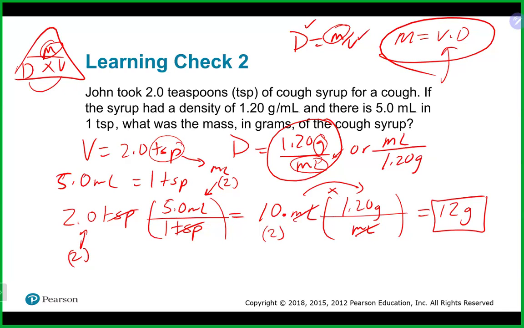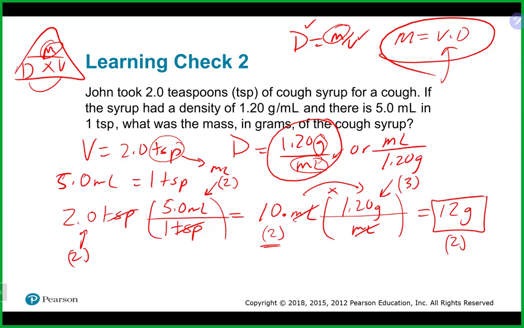A lot of formulas in chemistry, you can do that move without having to remember the equation or rearrange the equation. Just think about units you don't want and units you want to end up with and use things like conversion factors. Significant figures: this has 2, and this one we do need to look at, which has 3, which means we should end up with 2 in this case, which would be 12 grams.